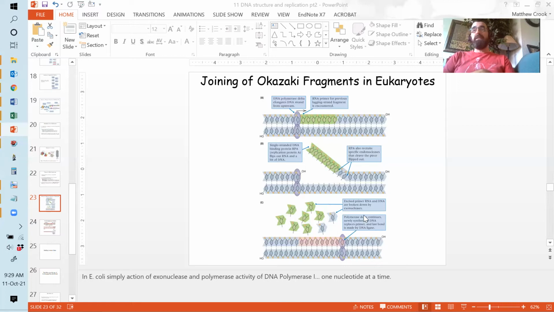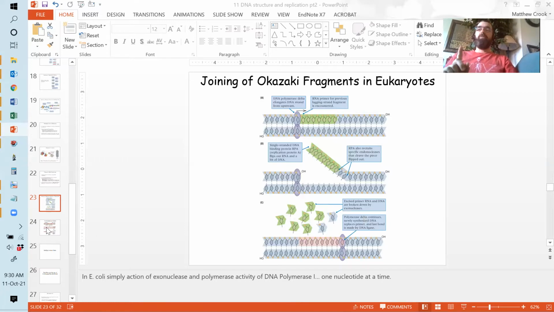Part of the reason is that you want to recycle all the goodies that it represents. But it's also part of the cellular defense mechanism against viruses. So if you find single-stranded DNA or just unprotected RNA floating around, there's a good chance it's not yours, right? So you want to get rid of it.